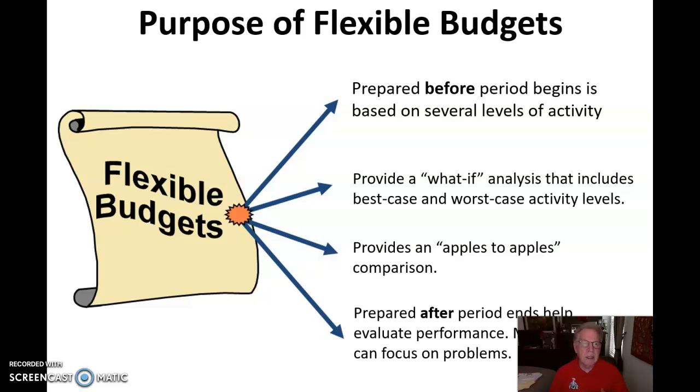Therefore, we are going to look at several levels of activity here. And we provide a what-if analysis that includes best case, worst case, something I'm very fond of doing. And then it provides an apples-to-apples comparison, as I think you'll see here in a second. It's prepared after the period ends to help evaluate true performance. Management can then focus on true problems.